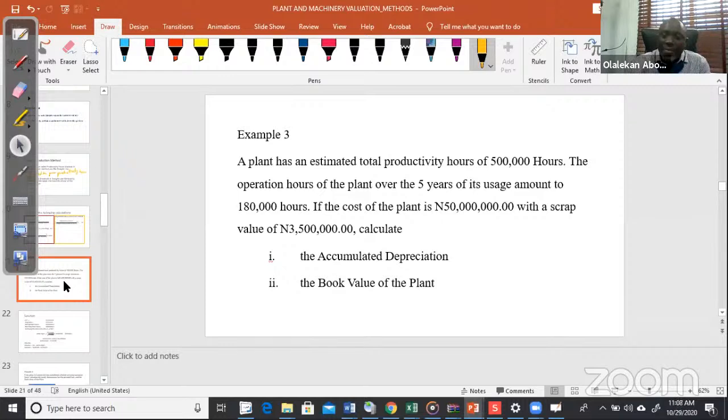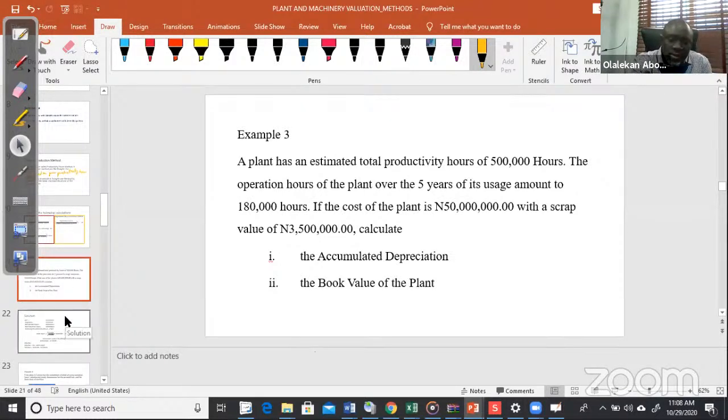The asset has been used for 5 years, and within that period total usage hours amount to 180,000 hours. The cost of the asset is 50 million, and the scrap value is 3.5 million. We are asked to determine the accumulated depreciation and the book value. Very simple question.